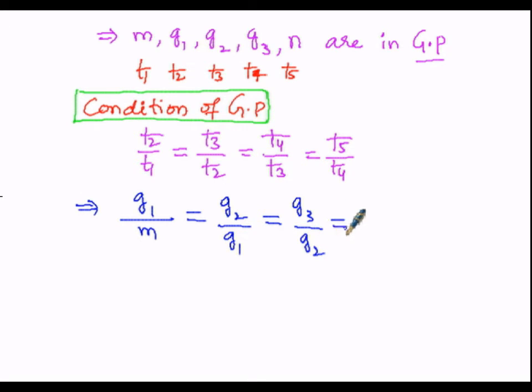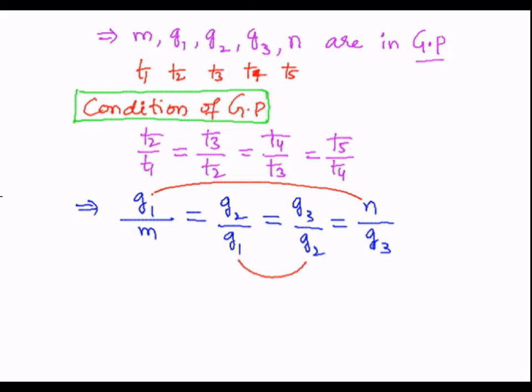That equals the last ratio, that is T5 by T4. T5, the fifth term, is denoted by N divided by T4, the fourth term, G3. Since all these four ratios are equal, we can equate any two. Here I want to equate the first and the last, that is the extremes, and the second and the third, which are the means.